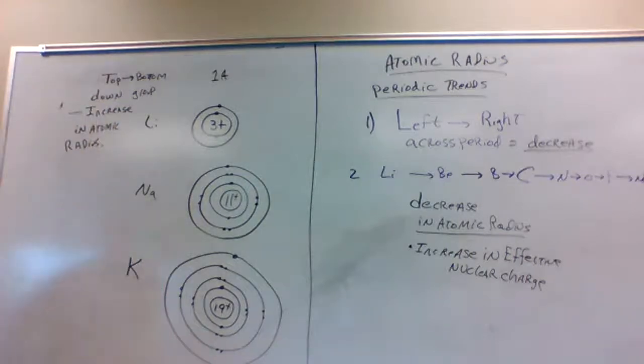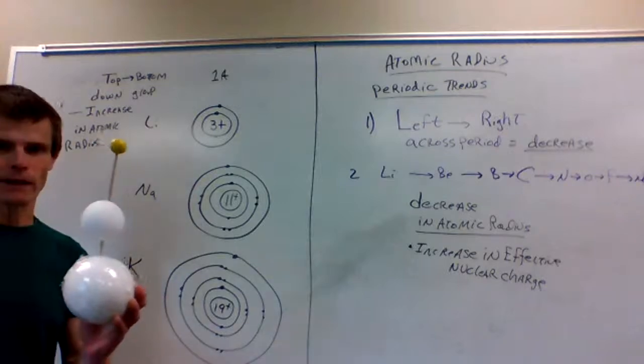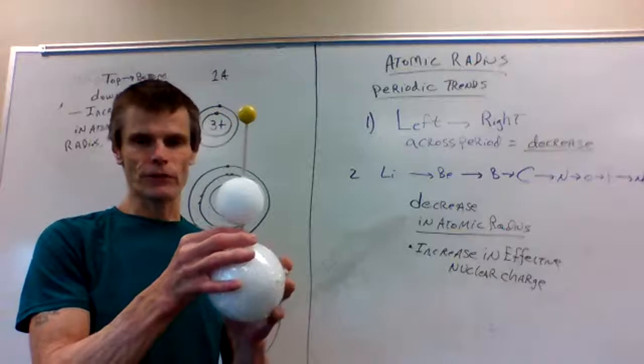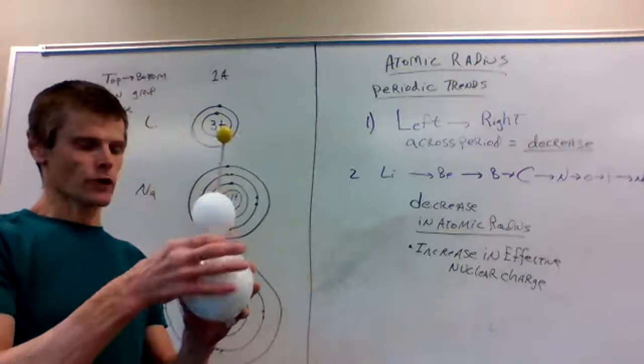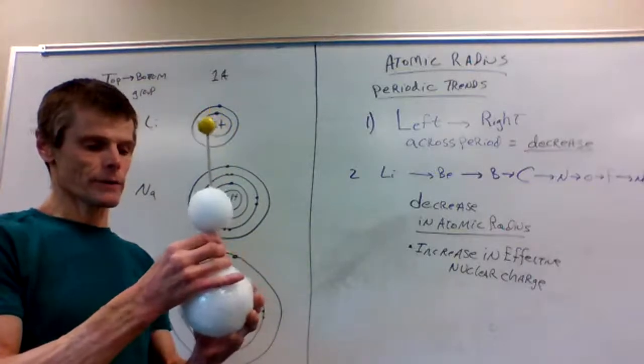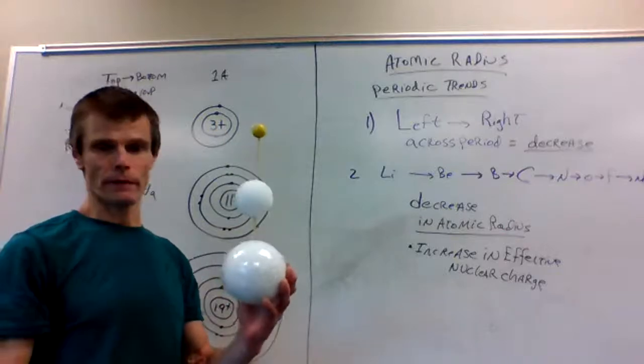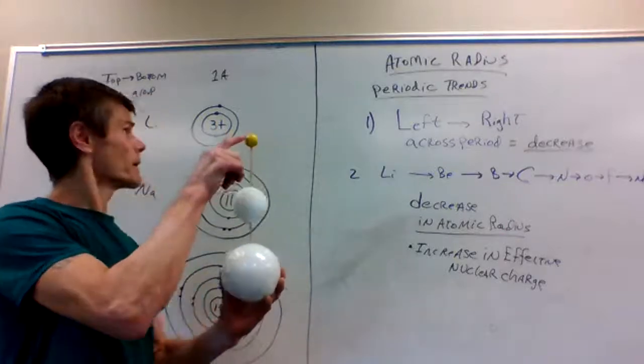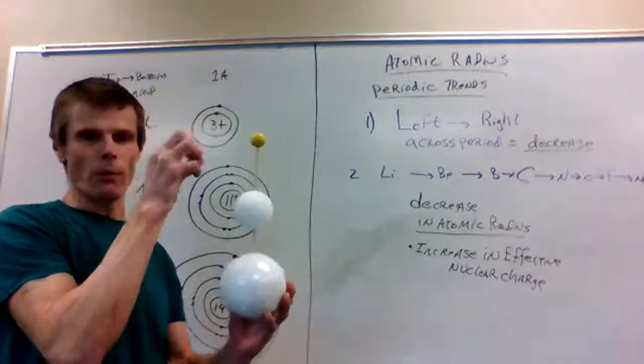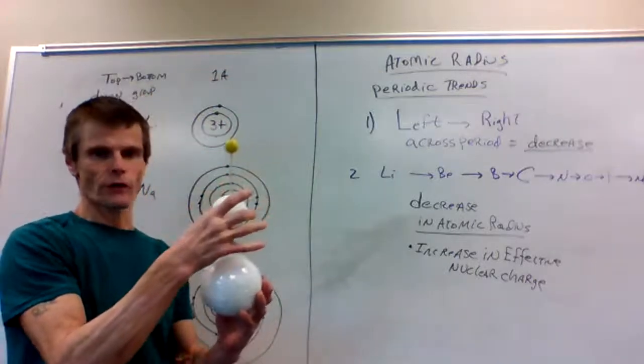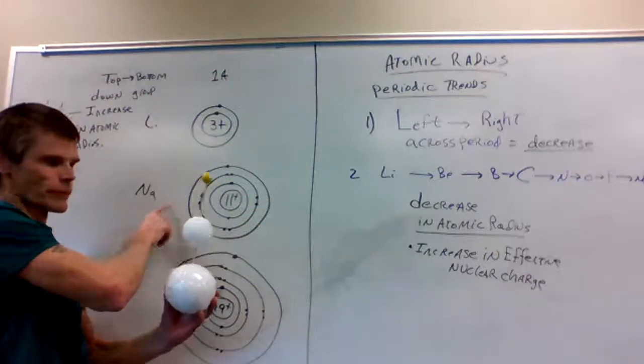Another way to think about it, I have a visual help. Now these, I'll be bringing these out a little bit later. So this is the way to think about our group 1A elements as we go down group 1A. Here would be lithium. It has the smallest radius. Sodium sits out a little bigger, remember?